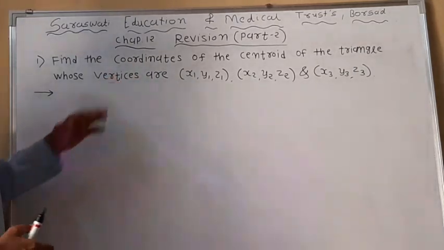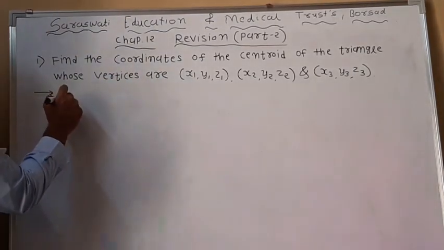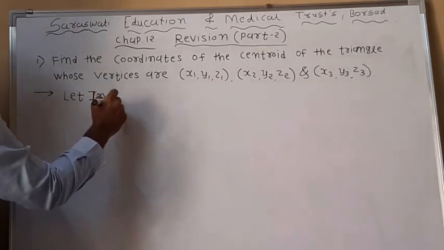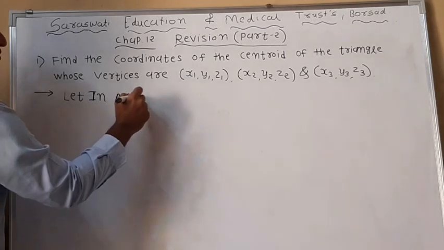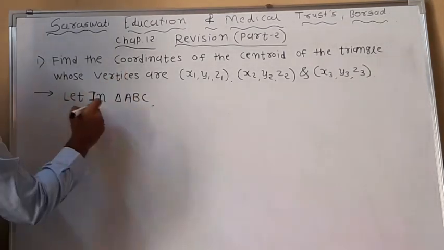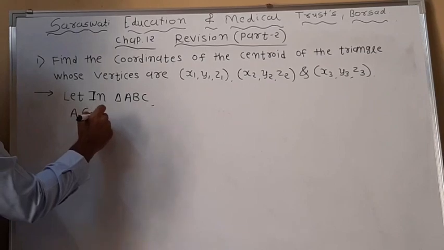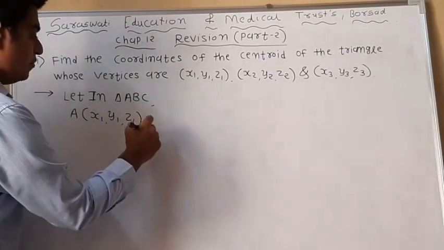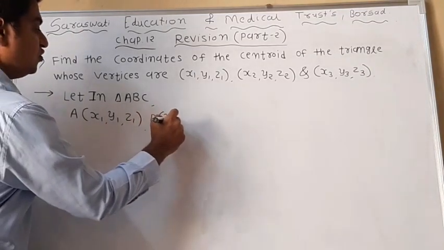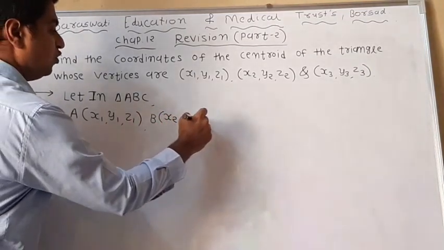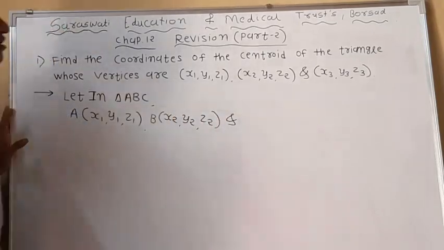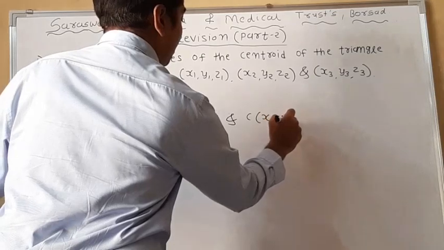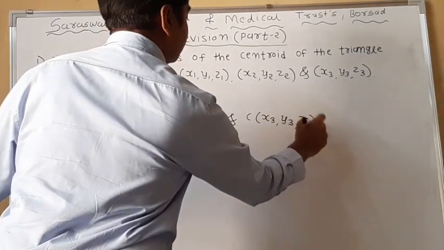First of all, we can consider a triangle ABC. Let, in triangle ABC, A have coordinates x1, y1, z1, B have coordinates x2, y2, z2, and C have coordinates x3, y3, z3.